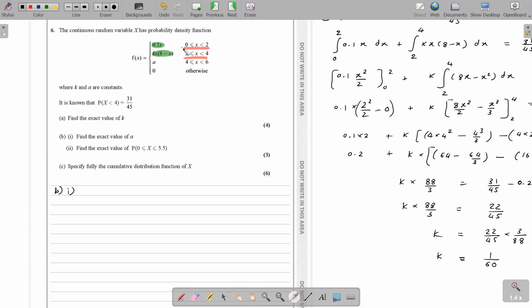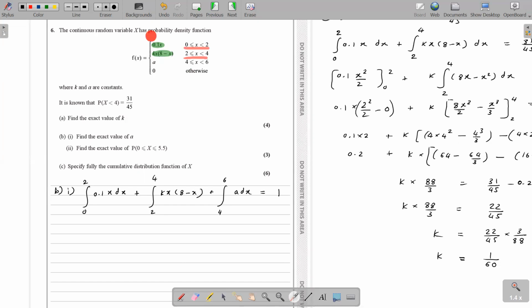So I know the total area between 0 to 2. If I integrate, you can see here, if I just write this down, 0.1x dx between 0 to 2, plus kx times 8 minus x from 2 to 4, plus the next part. So now I'm writing the next part, A. If I integrate A from 4 to 6, the total area must be 1, right?